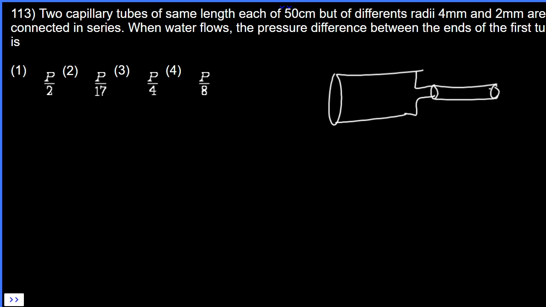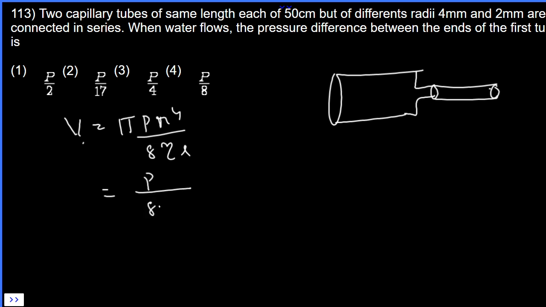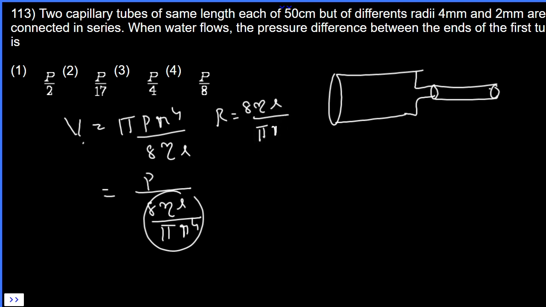We know that in the case of fluids, the volume of the liquid flowing through the tube is pi P r power 4 by 8 eta L. This can be rearranged, and the total value can be taken as R is equal to 8 eta L by pi r power 4.